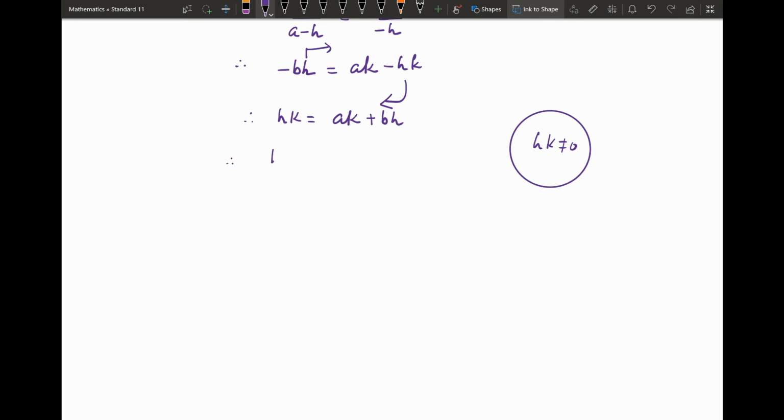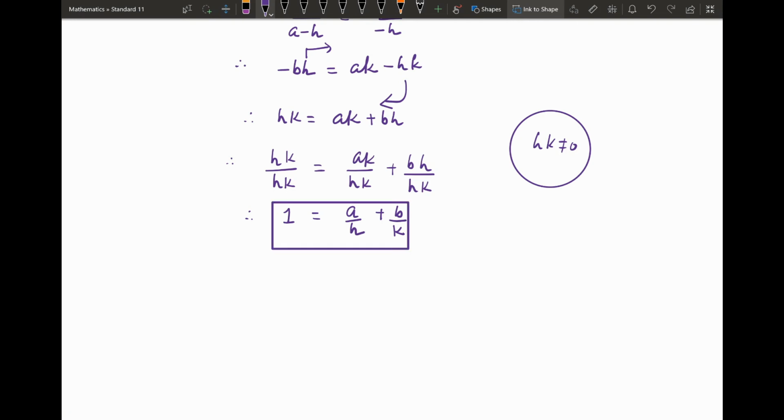So if we divide throughout by hk, after simplification we get a by h plus b by k, which is our required result. We have proved that a by h plus b by k equals 1.